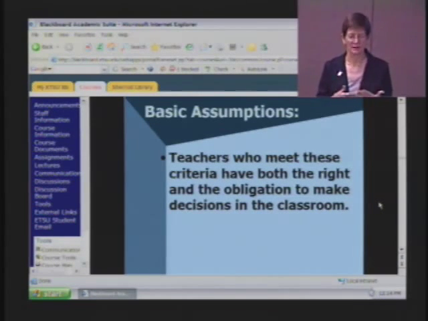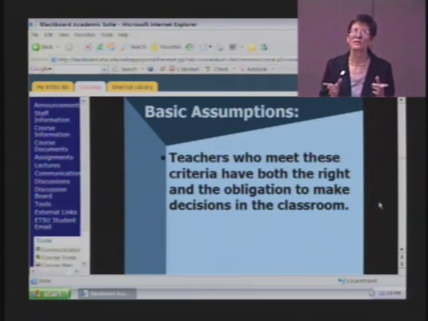A lot of theory and philosophy and just sort of concepts in teacher education never quite get to the idea of, as a teacher in the classroom, what are your rights? This is sort of an interesting concept. What are your rights as a teacher in the classroom? And what are your obligations? Authoritative approaches say that as the teacher, you have the right to make decisions. And in fact, you have an obligation to make decisions.